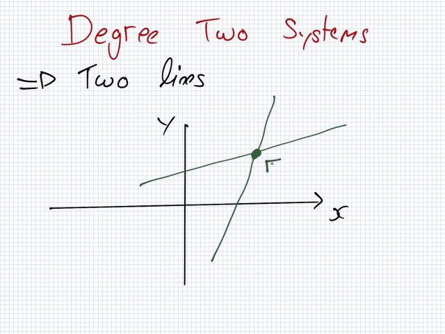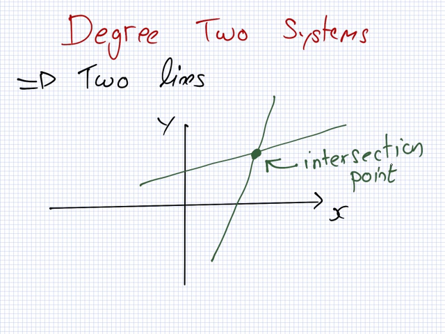Does anyone know its name? Common point? Common point is fine, but it has a special name. Intersection point. Where they meet. And this is what we want to find today.